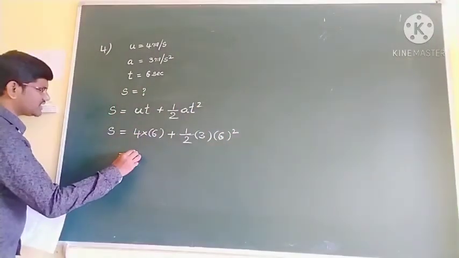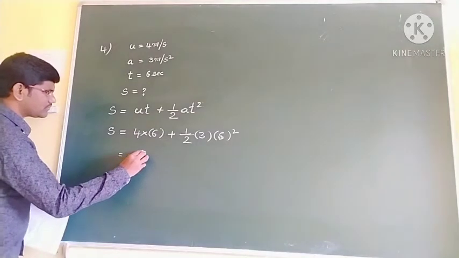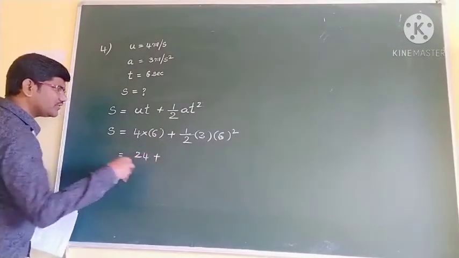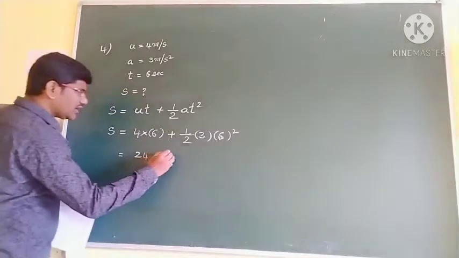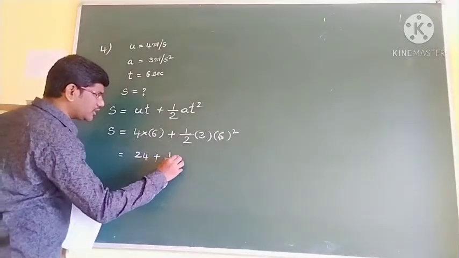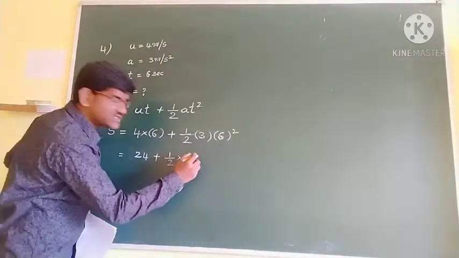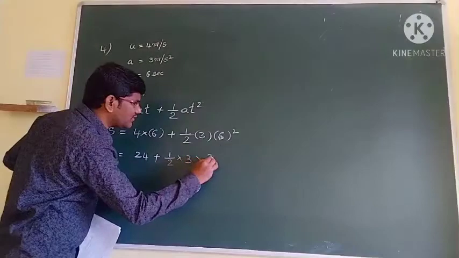Then 4 sixes are 24, and here we have 1 by 2 into 3 into 6 square, which is 36.